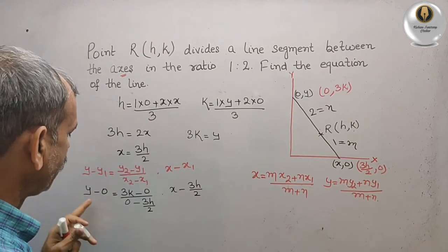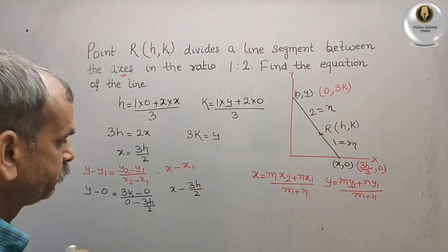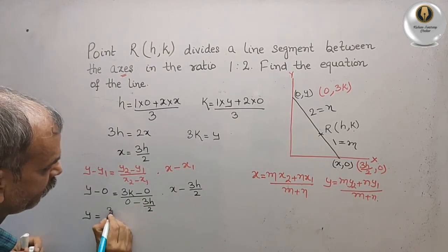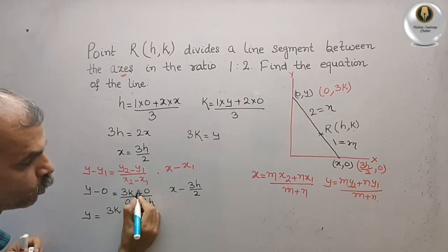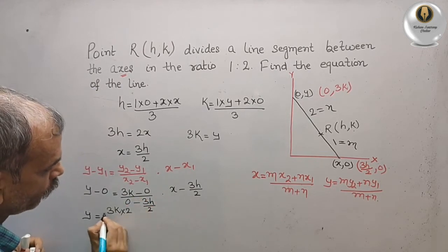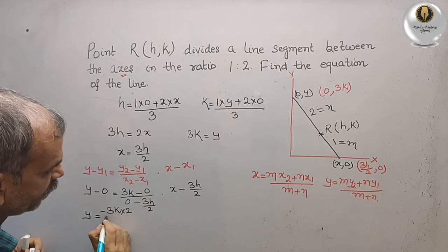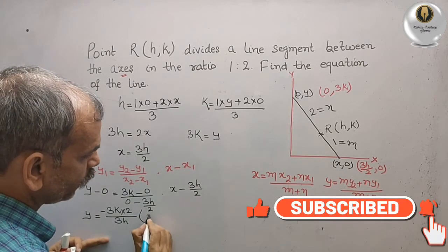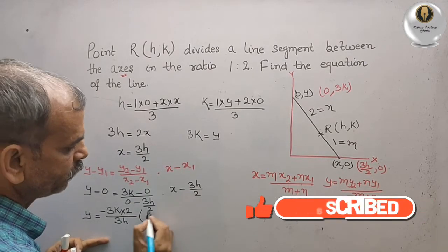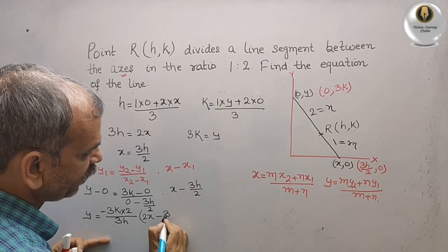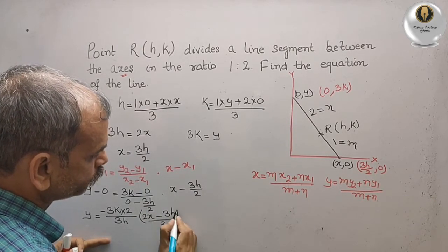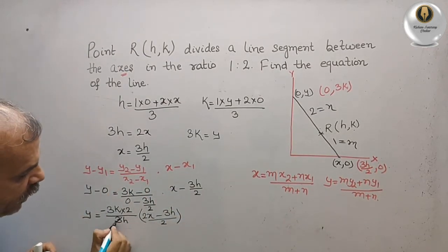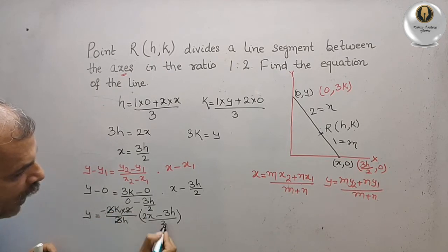Now solve this. y minus 0 is what? You will get y. y is equal to 3k into 2, and minus is also there, we will put minus here by 3h, into x. Now take the LCM: 2x minus 3h by 2. Now solve this. Here 3 and 3 are gone, here 2 and this 2 are gone.